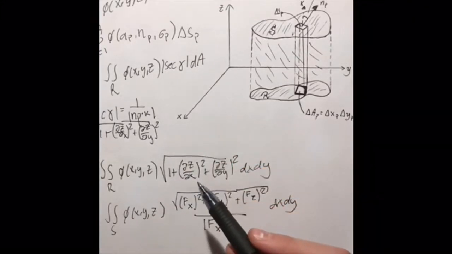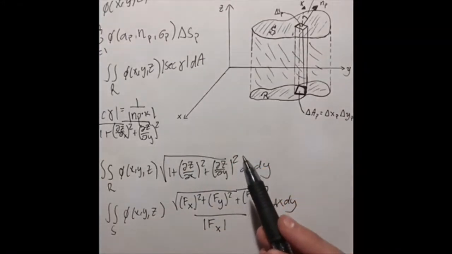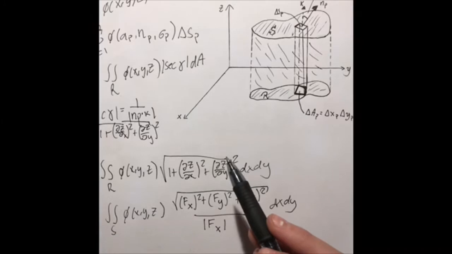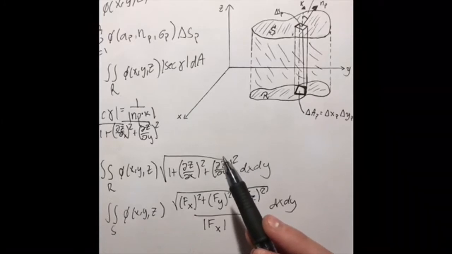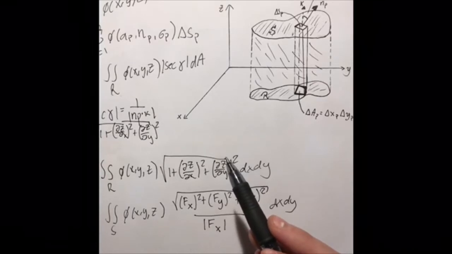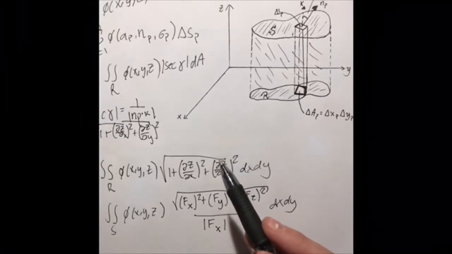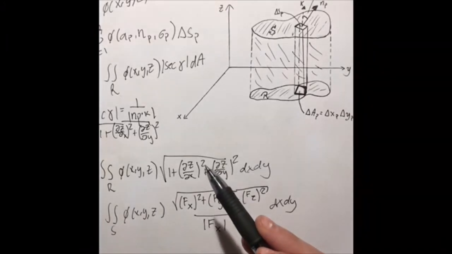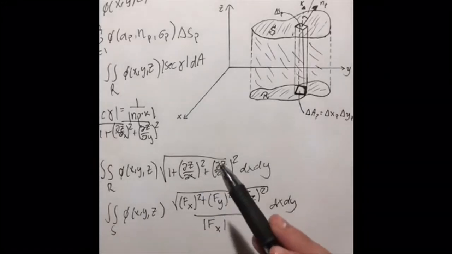In the above, we have assumed that S is such that any line parallel to the z-axis intersects S in only one point. In case S is not of this type, we can usually subdivide S into surfaces, say S1, S2, and so on, which are of this type. Then the surface integral over S is defined as the sum of the surface integrals over S1, S2, and so on.